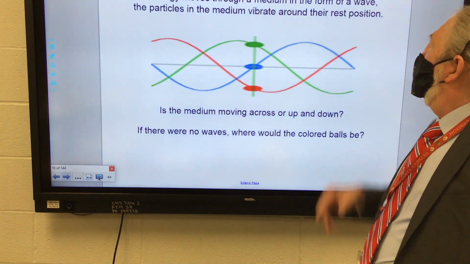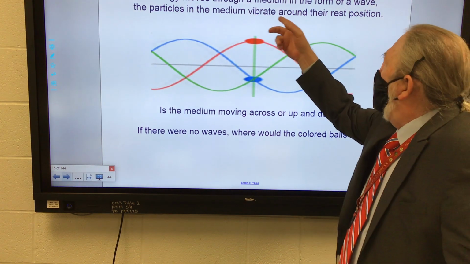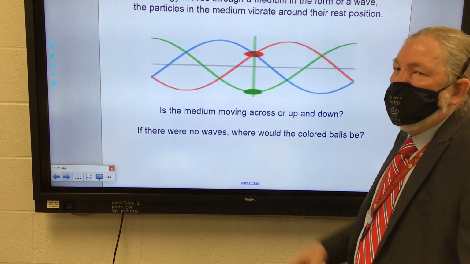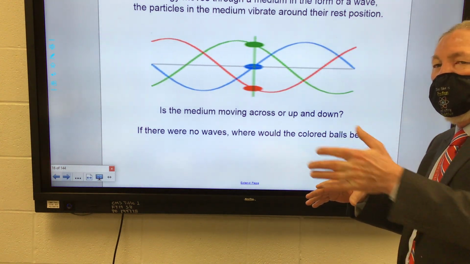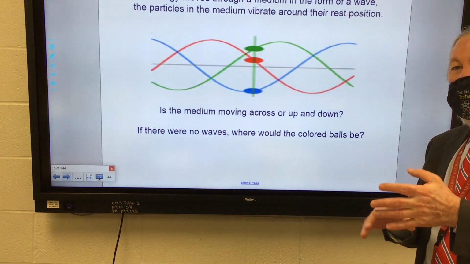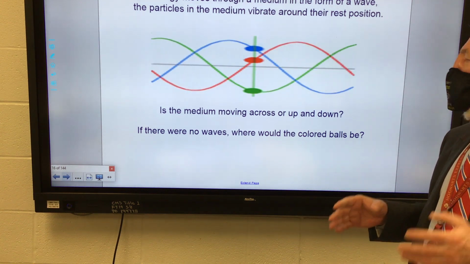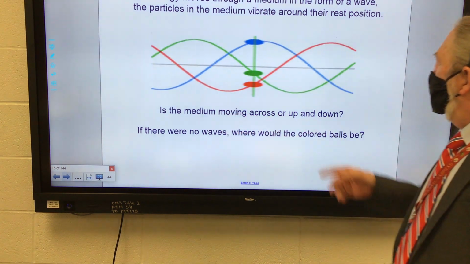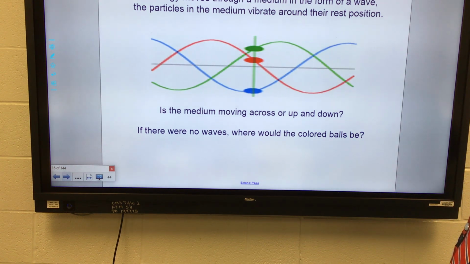So as energy moves through a medium in the form of a wave, the particles in the medium vibrate around their rest position. The water itself is not moving individually, it's just vibrating. So is the medium moving across or up and down? What's it doing?